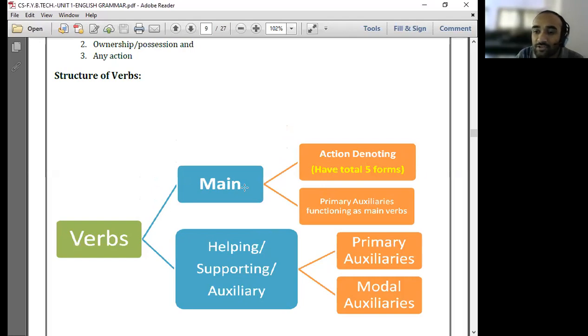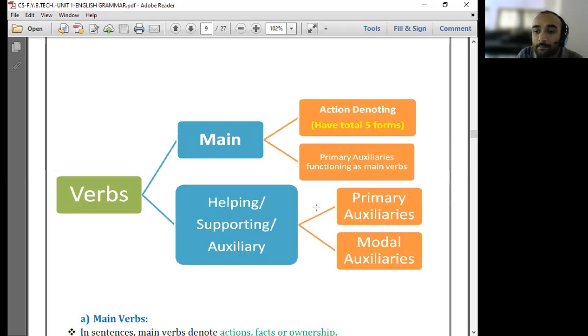Whatever action we denote, we can denote it with the main verb. And primary auxiliaries function as the main verb of the sentence in the absence of the main verb. So these are the two types.